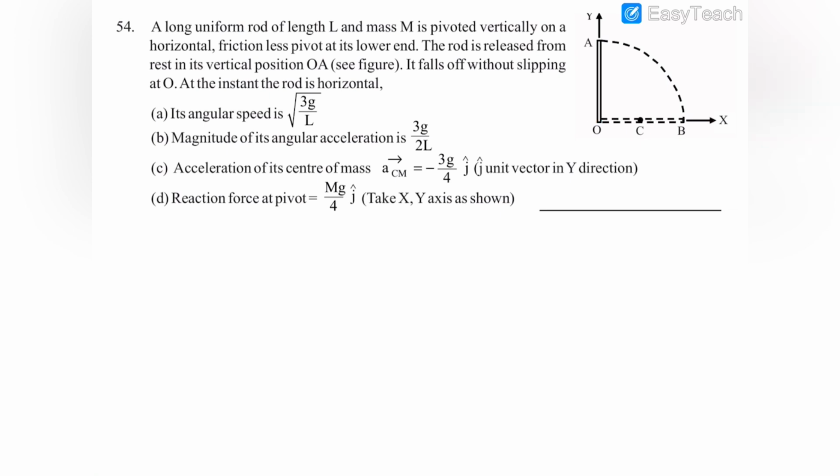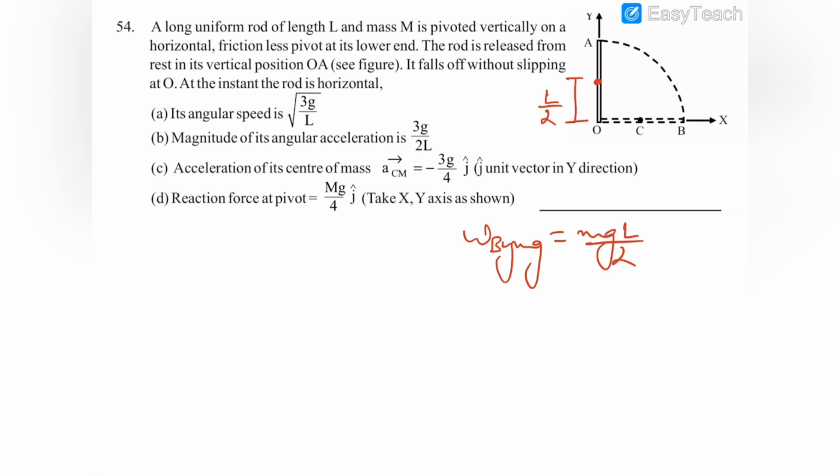So first of all, let us find out the angular speed, and for that let us use the law of conservation of energy. We know that when the rod falls 90 degrees, the center of mass of the rod will descend by a length of L by 2. So work done by mg in this case will be equal to mgL by 2.